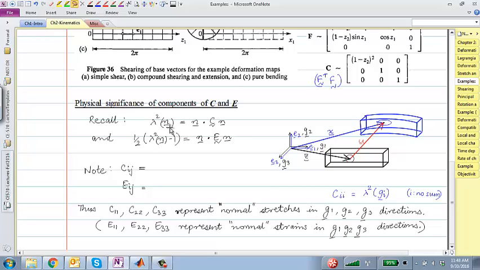And to do that, what we'll do is try to take advantage of the relationship that we came up with for the square of stretch in some direction n.